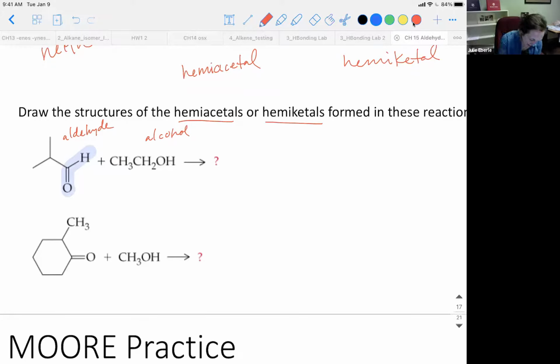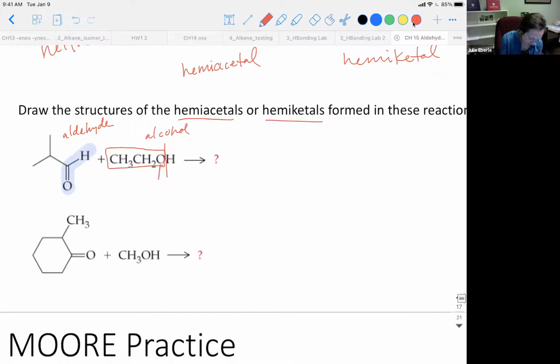We're going to break this alcohol right here. The hydrogen is going to go one place, and this whole part of the molecule is going to go another place. This part is going to bond to the carbonyl carbon, right here to the oxygen. And this hydrogen is going to bond to the oxygen right here off of the carbonyl carbon.